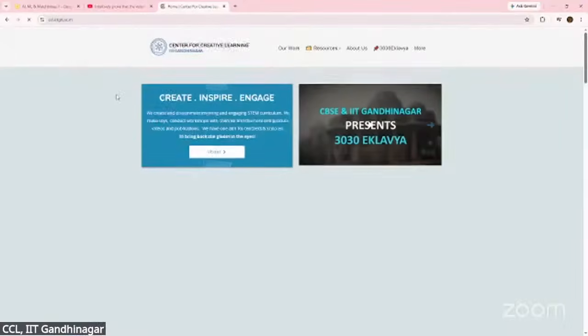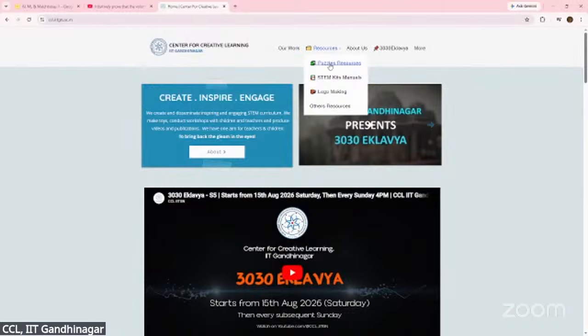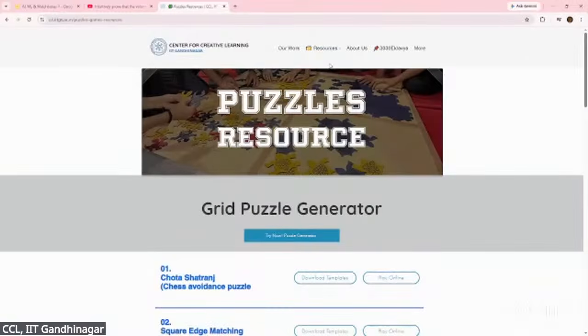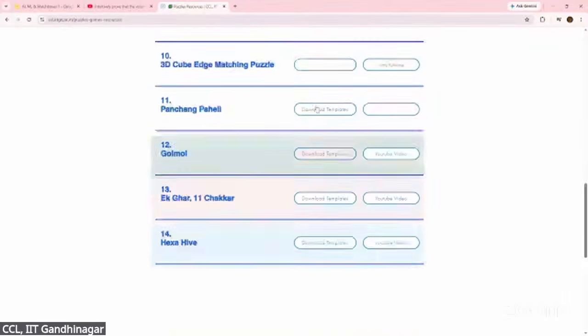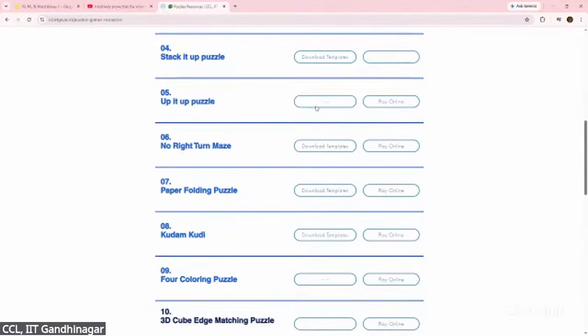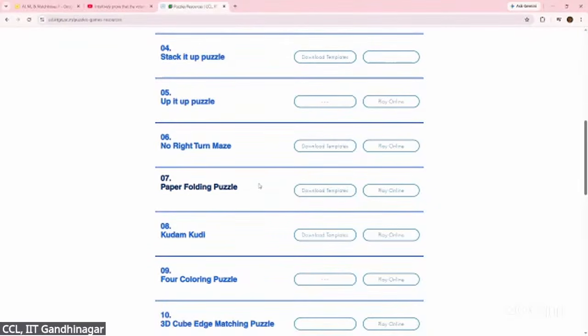So on the website you will see in the resources there are these puzzle resources. वहां पे जाने के बाद you would see this manifold puzzle. There are a lot of other puzzles which you can generate. Some of them we would be sharing with you today. कहाँ paper folding puzzles. तो one is of course you can download these templates here जो PDF इमरोज ने आपको share की.